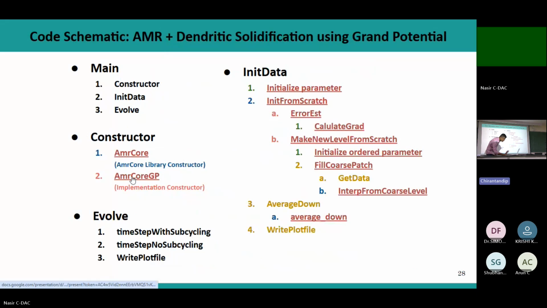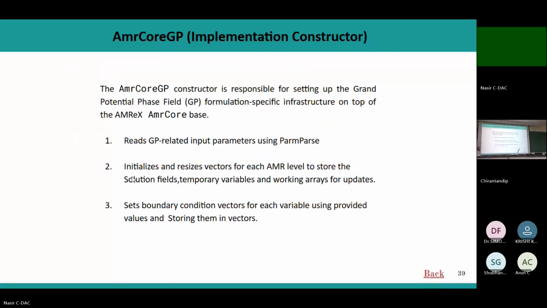Now next, that is the implemented constructor of the AMR project. That helps us read the input parameters. Then initialize the array of multipliers according to our logic and set the boundary condition.